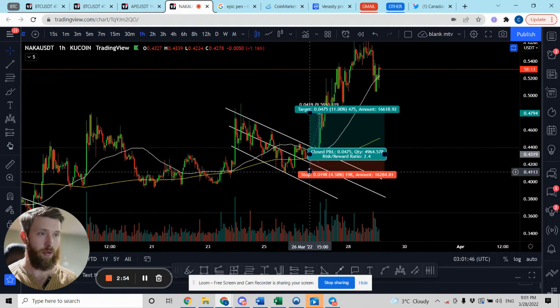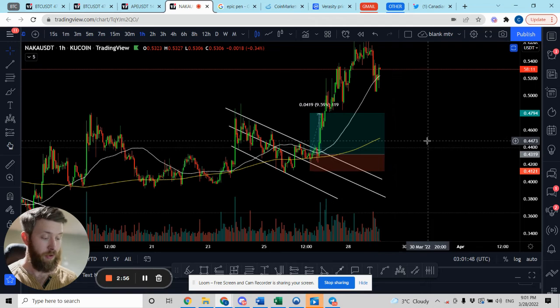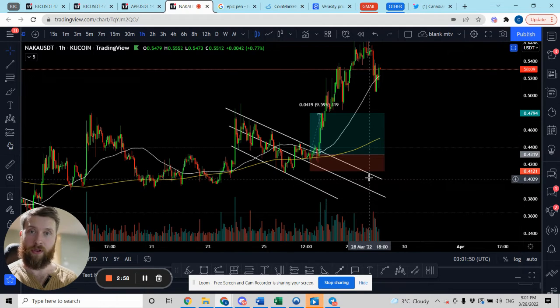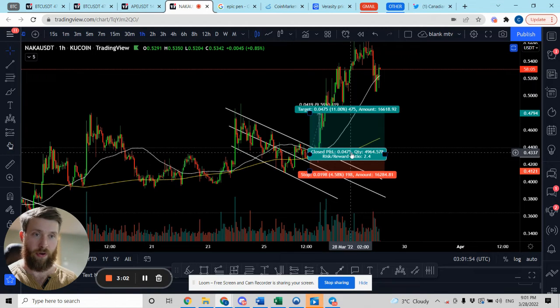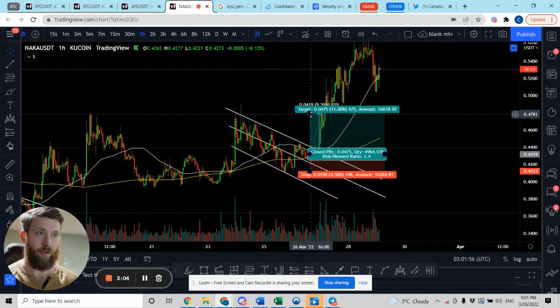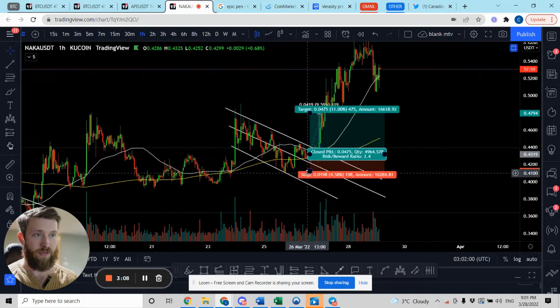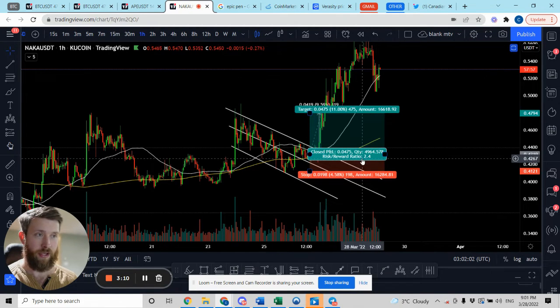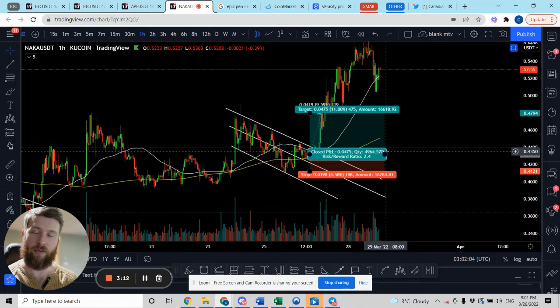It is a game about probability, but ultimately, lesson number 2 is remind yourself of the risk reward. So my risk reward here was clear to me that the measured move is this from my entry, and this is my risk. So that's a 2.4 RR. That's worth taking the risk.